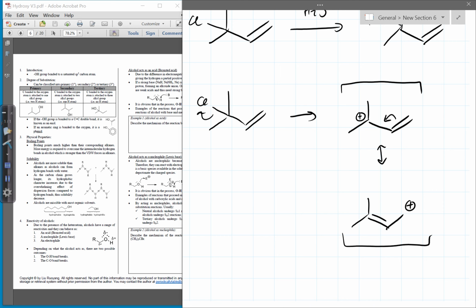You can visualize this shifting of electrons in your mind, then you'll be good enough.